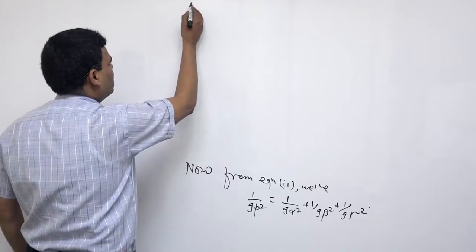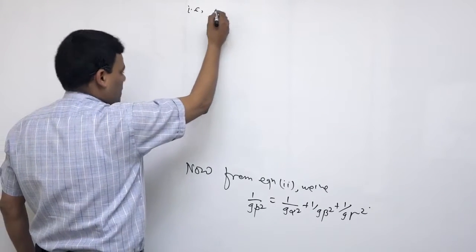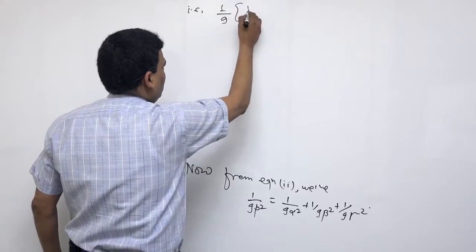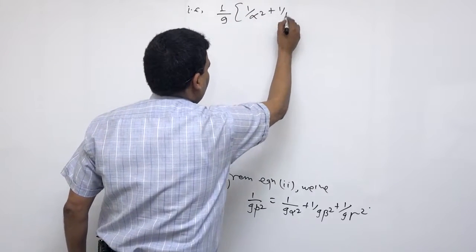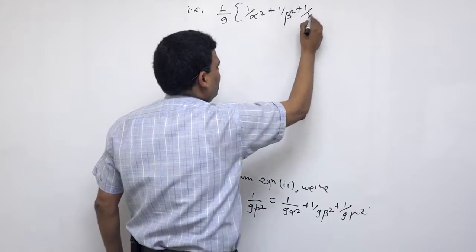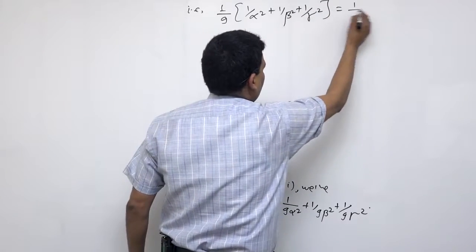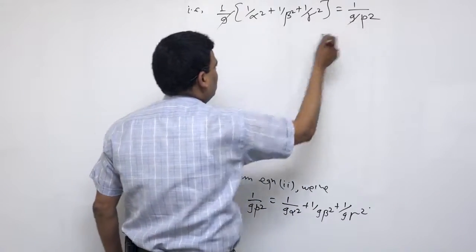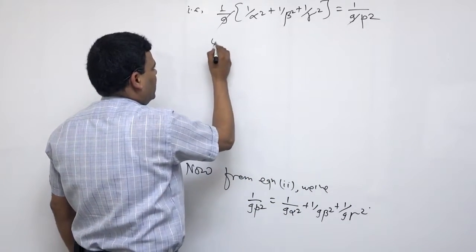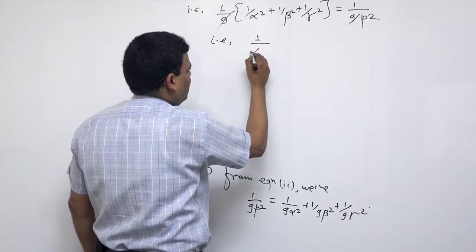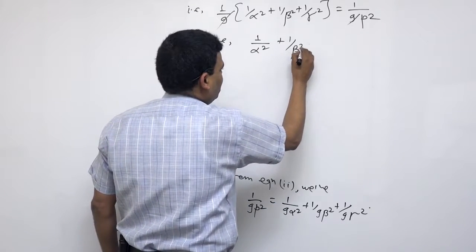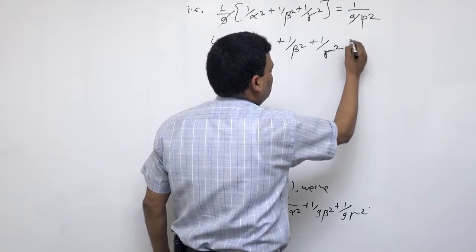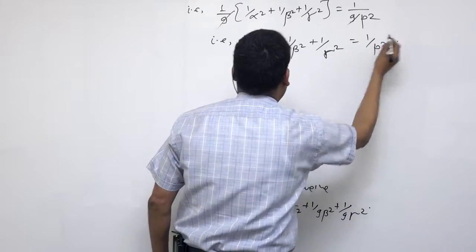Taking 1 upon 9 common, 1 by alpha square plus 1 by beta square plus 1 by gamma square equals 1 upon 9p square, cancelling 9 from both sides. That is 1 upon alpha square plus 1 upon beta square plus 1 upon gamma square equals 1 upon p square.